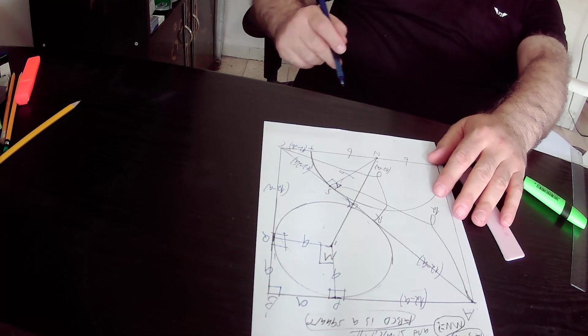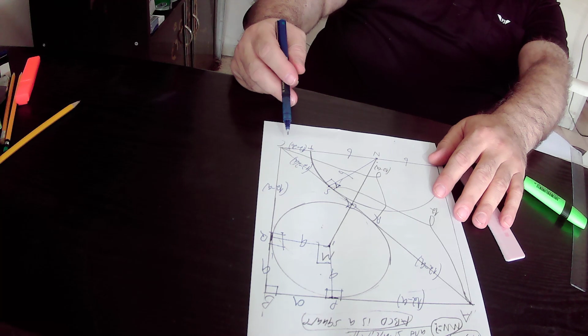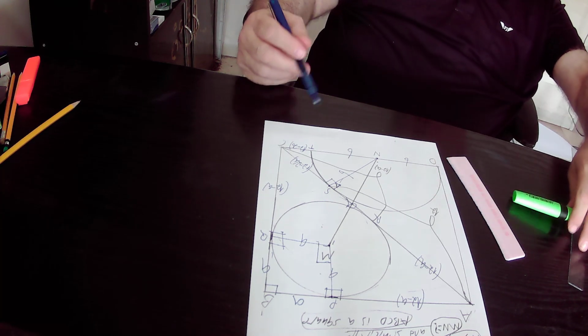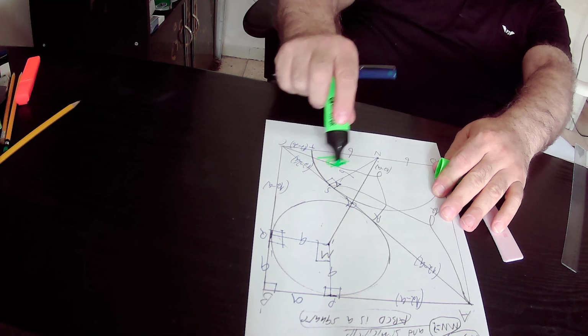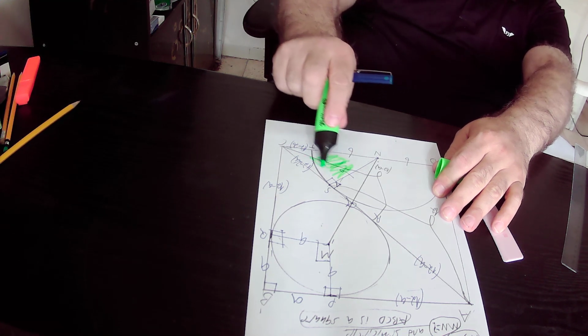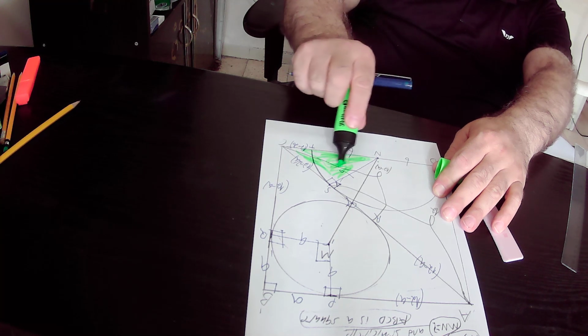And because we found out that angle NSC is a right angle, the green triangle NSC is a right triangle, so we can apply the Pythagoras theorem on the green right triangle NSC.